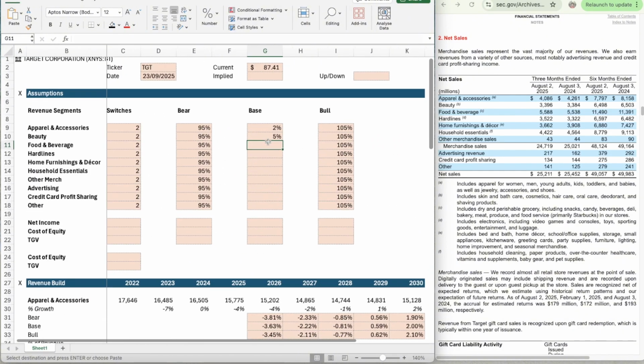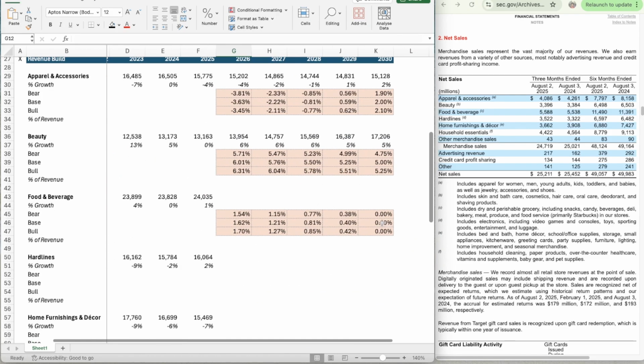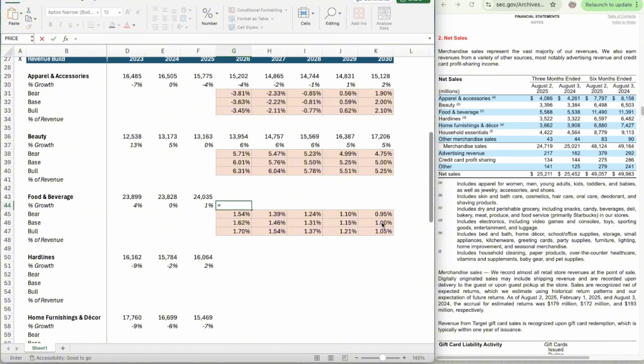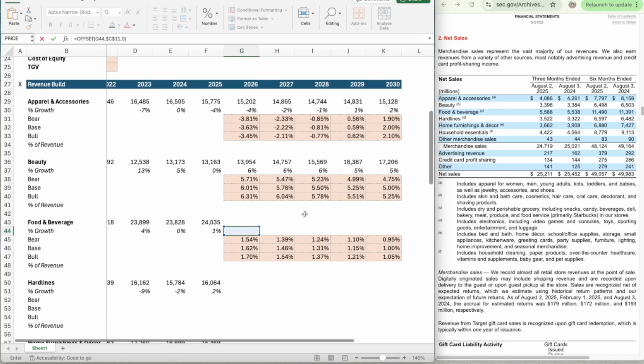Let's just go 1% growth. G11. Offset. G44. C11. Yeah, got it.